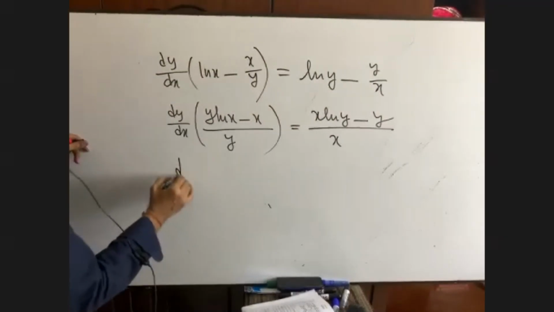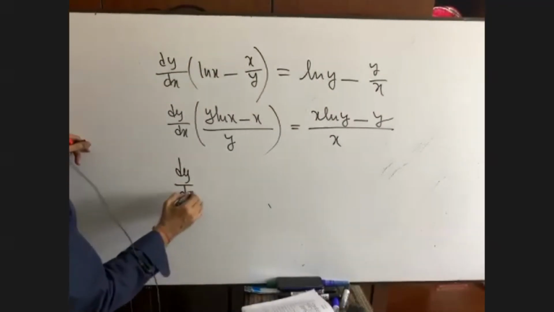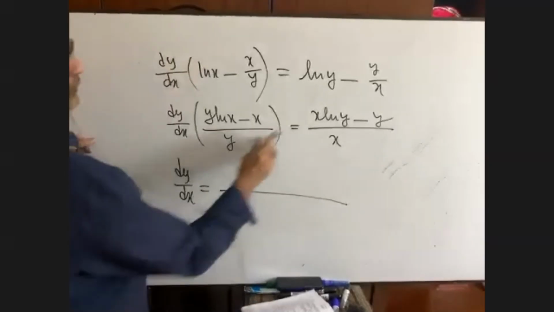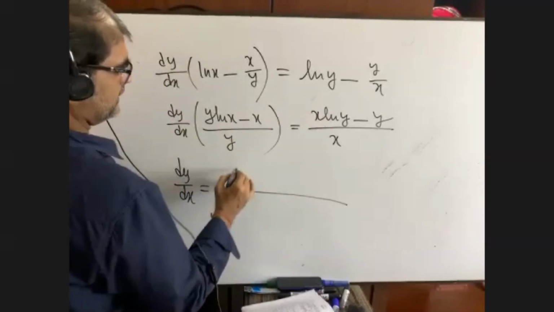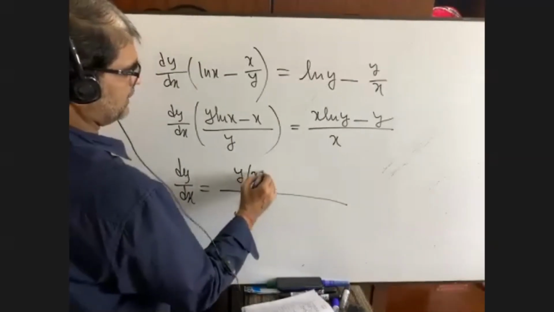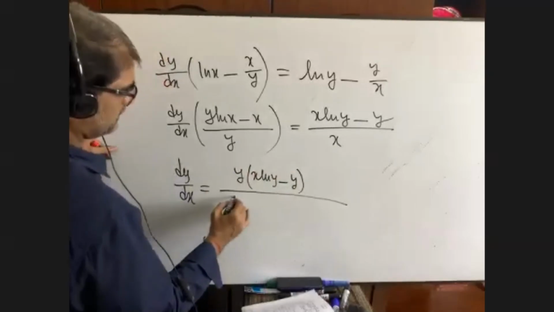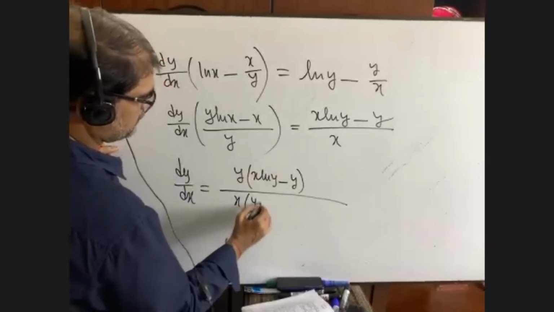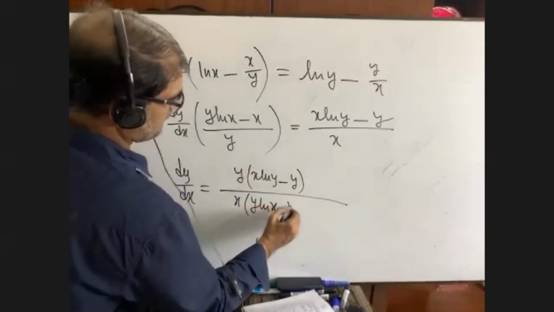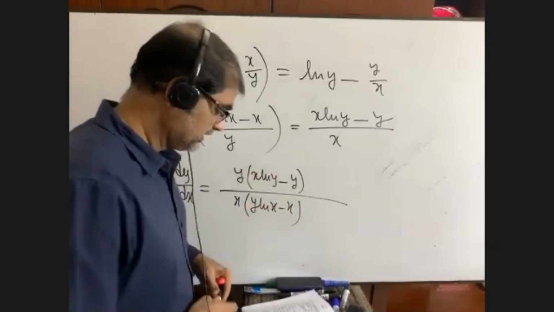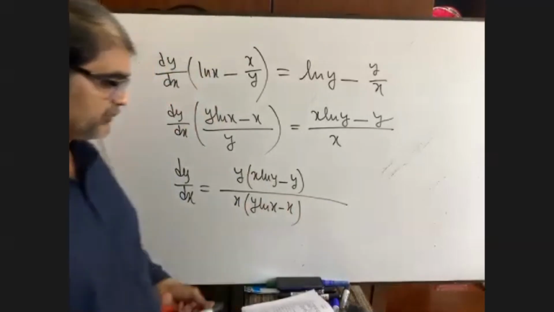So dy by dx is equal to, you multiply it, y into x ln y minus y, x into y ln x minus x. Perhaps this is the answer. Yes, we are absolutely right.